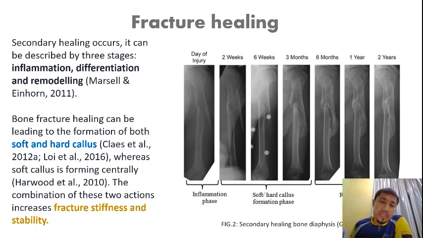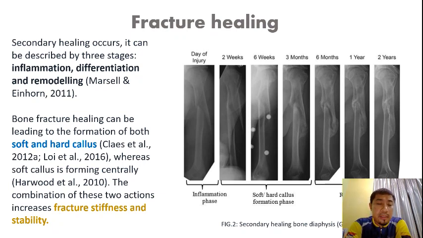Let's have a brief look at fracture healing, and let's look at figure 2. The day of injury or the day of bone fracture will undergo 2 weeks, 6 weeks, and 3 months, and there we can see the formation of soft callus and hard callus before the formation of full hard and rigid bone in 1 year and 2 years' time.